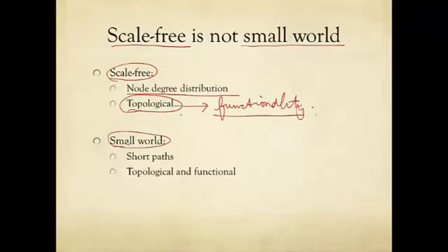In contrast, small world is a property of a network concerning the existence and discoverability of short paths between node pairs. And therefore it is both structural or topological, as we saw explained through Watts-Strogatz, as well as functional, as we saw in algorithmic small world. Okay. Now, of course, a network could be both small world and scale-free. And indeed, in the advanced material part of the last lecture, we saw models that can make that happen.